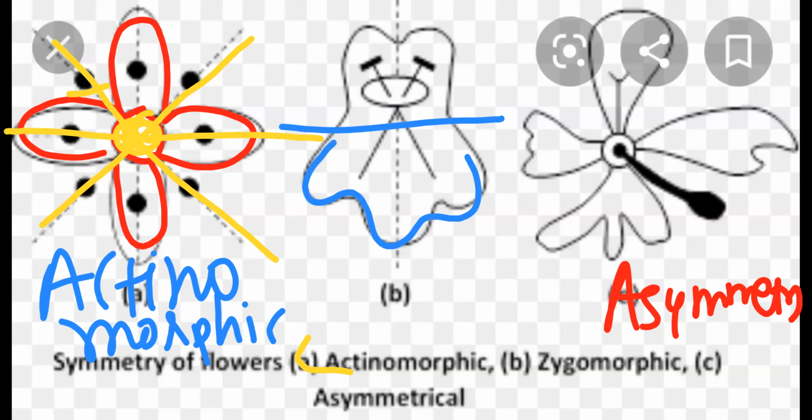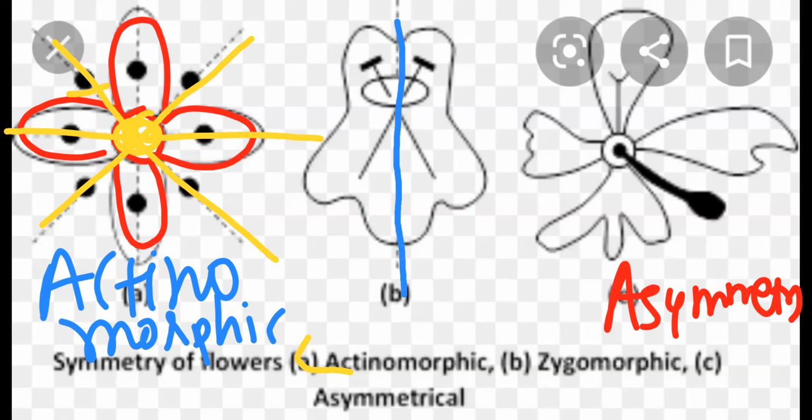In one part this format, in the other part this form, so we can't say it's an equal part of that flower. So we can divide the flower into two equal halves only by a single plane of axis. This symmetry we call bilateral symmetry, and bilateral symmetrical flowers are known as zygomorphic flowers. Remember.